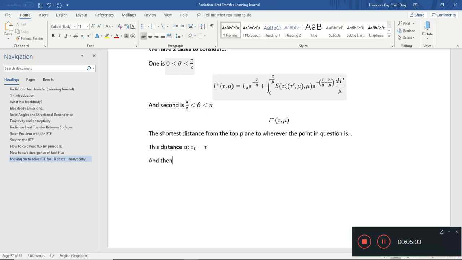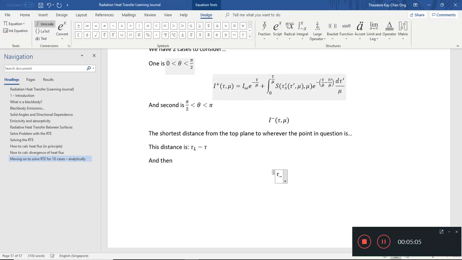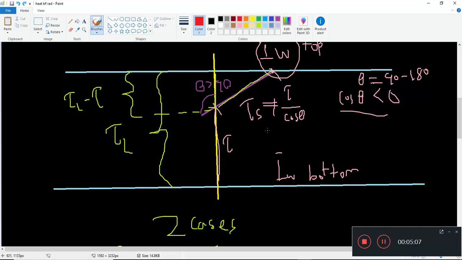Then we have tau s equals to, what is it? I'll use a slightly different color.